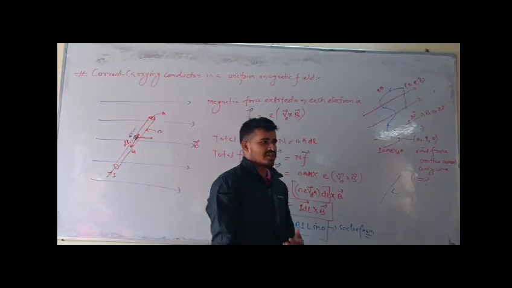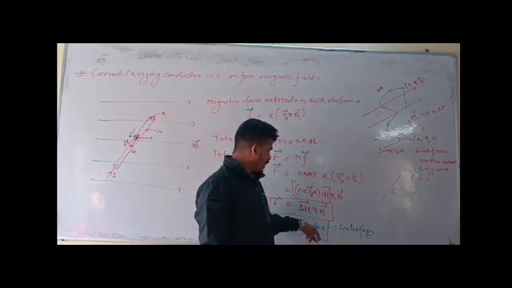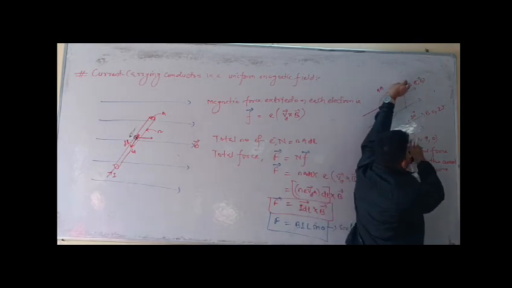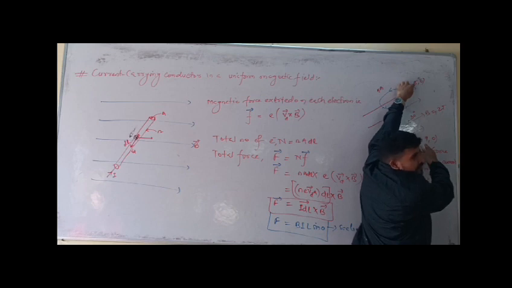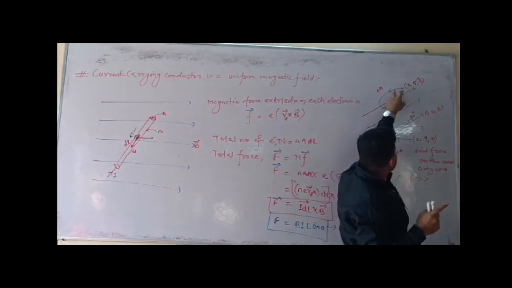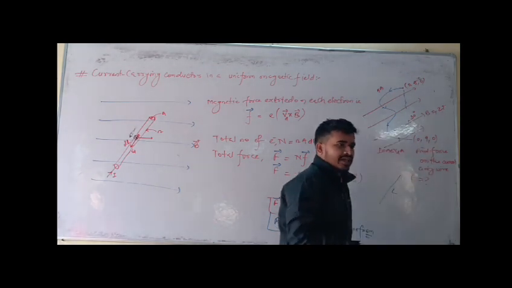I am giving you hints here. What will be the L here? Length will be the displacement. Nine minus five, four. Don't take the length of this curve, because dl is a vector quantity.